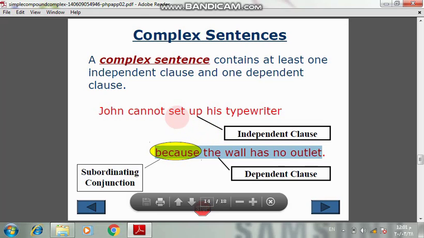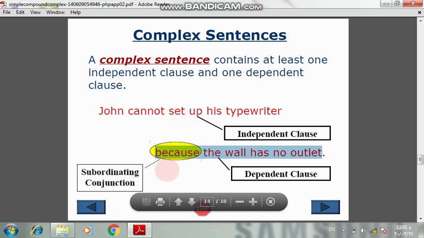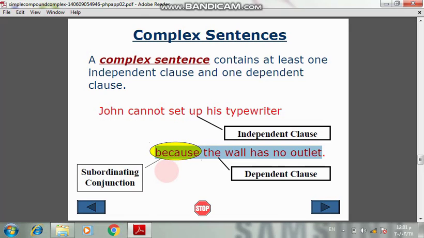Since you have one independent sentence and one dependent sentence, they make a complex sentence. By the way, they are not joined by a coordinating conjunction. We use coordinating conjunctions to make a compound sentence. But here, the conjunction is called a subordinating conjunction. It's not coordinating. There is another group of conjunctions.